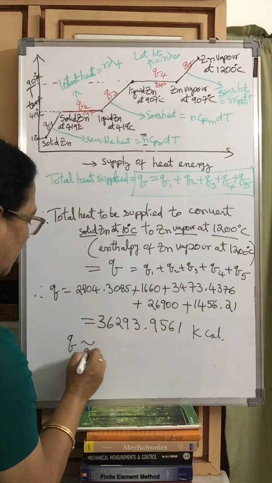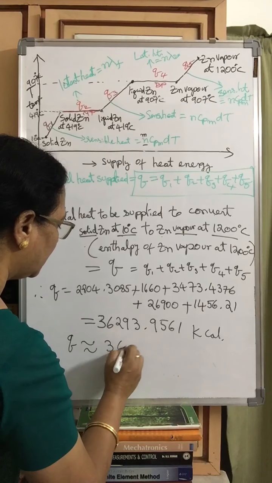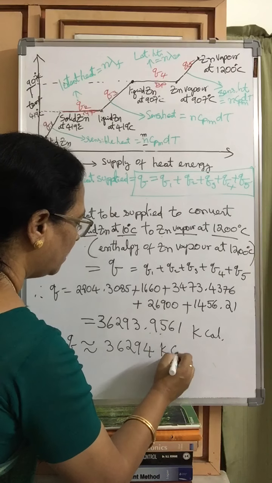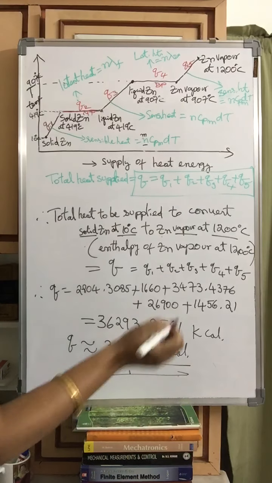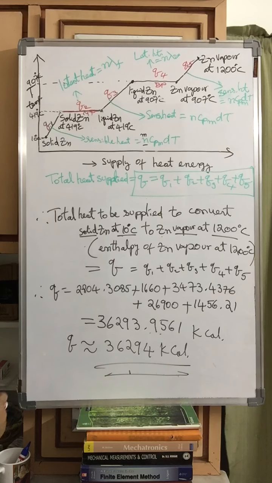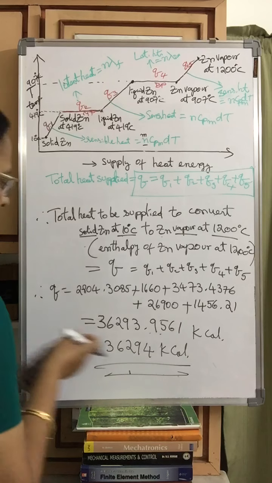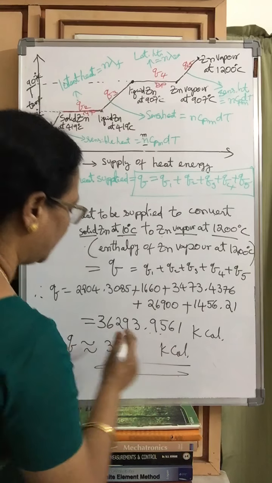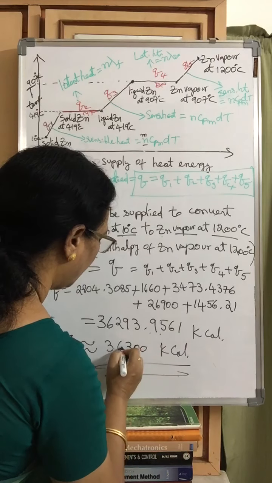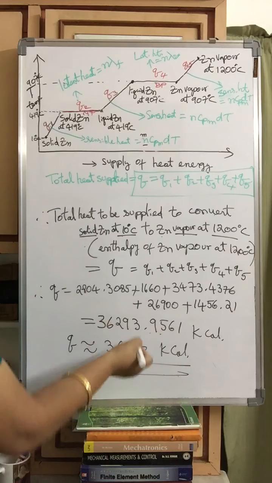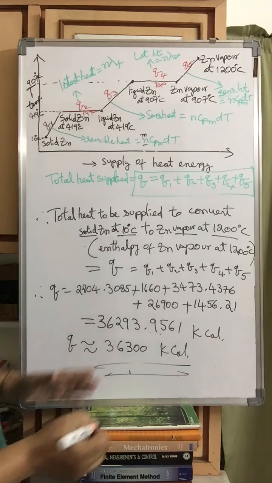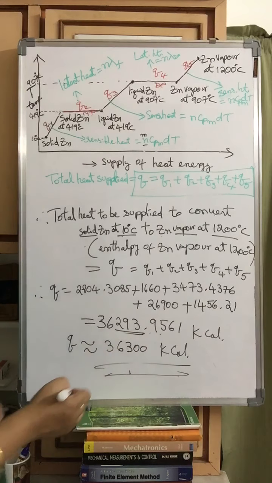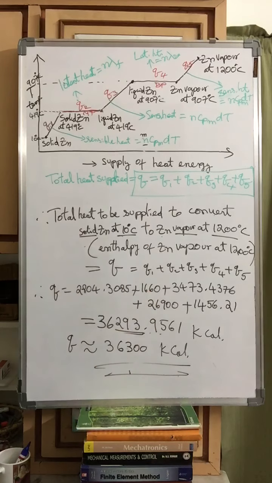That is, Q is nearly equal to 36,294, rounded up to kilocalories, nearly 36,300. It is a rough value, because it all depends on your calculation, there may be some difference.